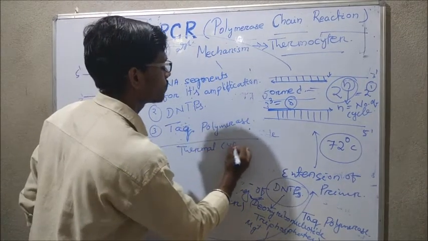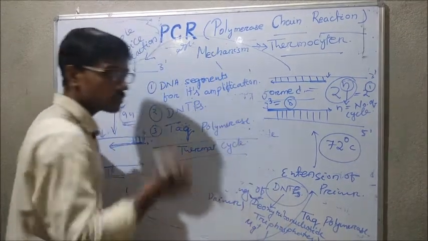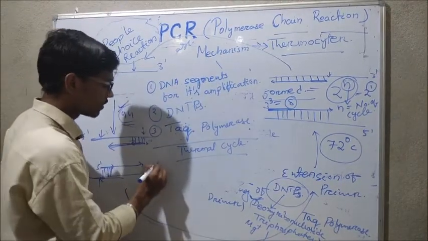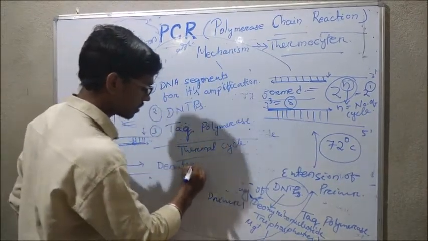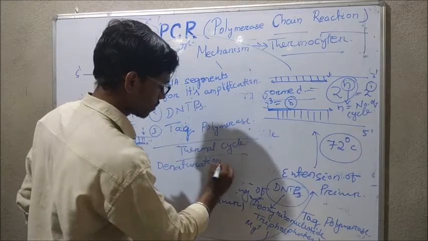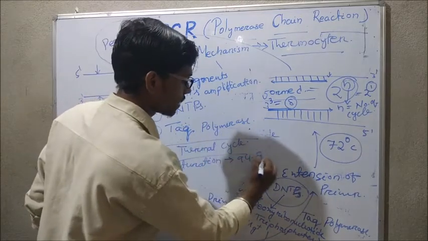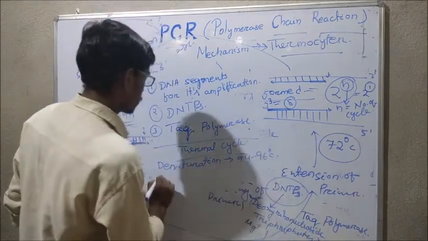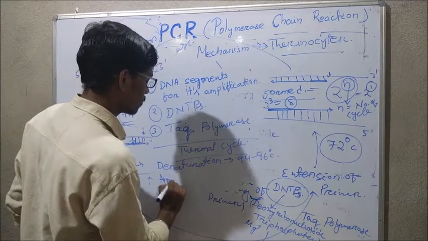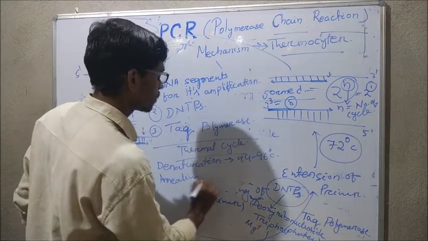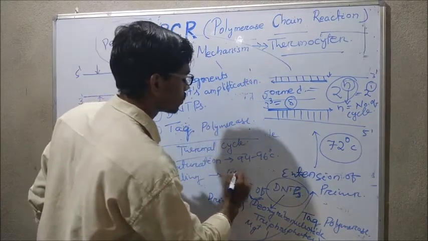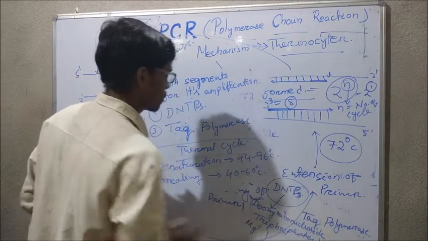Okay, and there is also the thermal cycle. Thermal cycle means increase and decrease of the temperature. For the denaturation process, there will be requirement of 94 to 96 degrees Celsius. For the annealing of DNA primer, there will be requirement of 40 to 60 degrees Celsius.